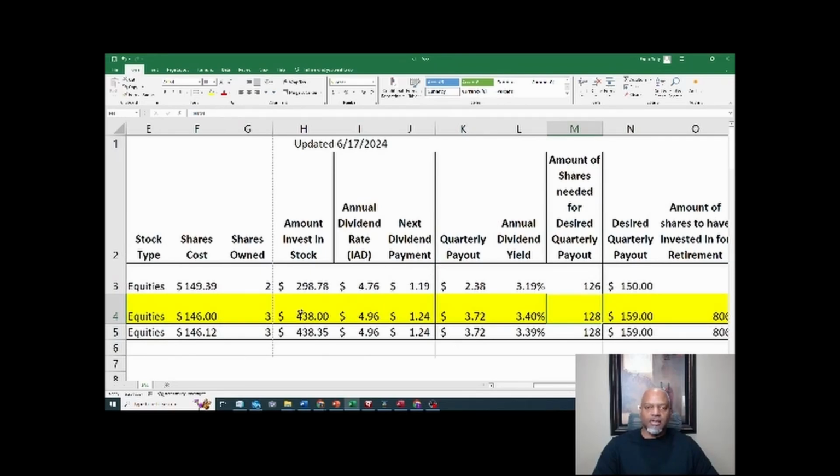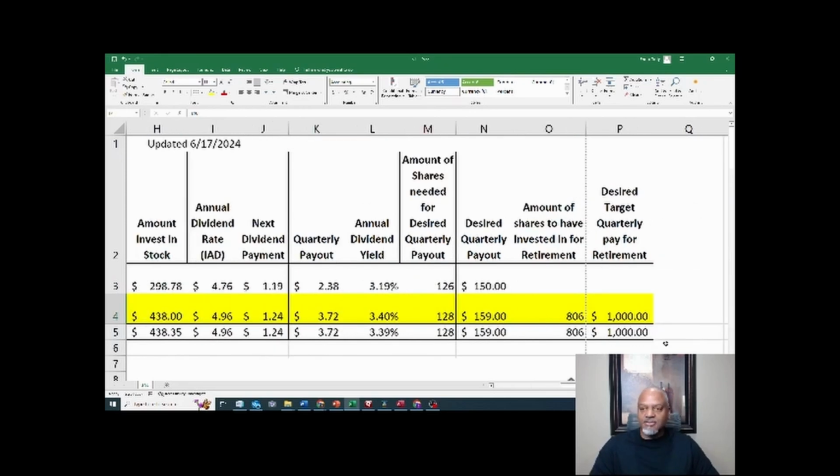So if I had 128 shares, which I'm well short of, it would give me $159 per quarter to be reinvested to buy an actual full share of stock. Currently it's at 146, so this covers that easily, as you see here.